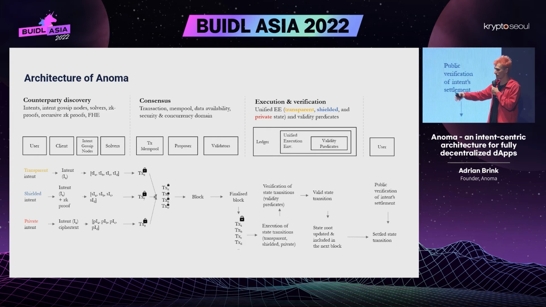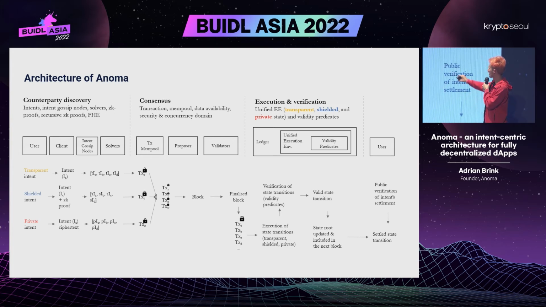In the next block, at N+1, the validator set jointly decrypts all those encrypted transactions. At this point, everyone can see them in clear text, but they can't front-run, back-run, or sandwich them anymore because the ordering has already been established, and then they just execute them. The nice thing is you also don't have problems with commit-reveal schemes where you need economic incentives for people to reveal their transaction data, because the validator set can just decrypt them themselves.